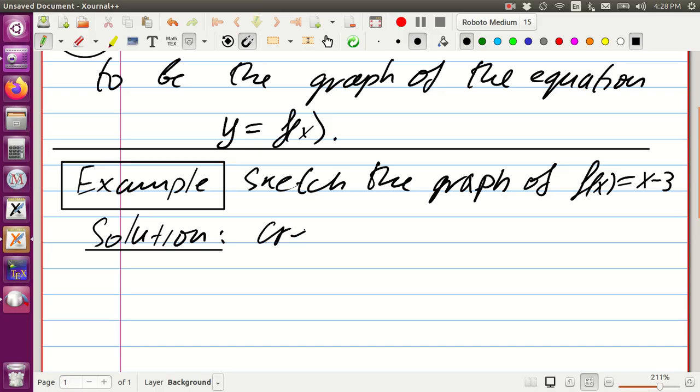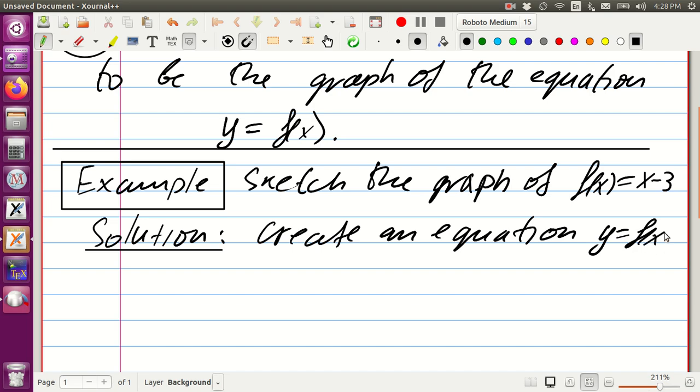We can create an equation y equals f of x. So we'll say y equals x minus 3. That's our equation that we're going to use.